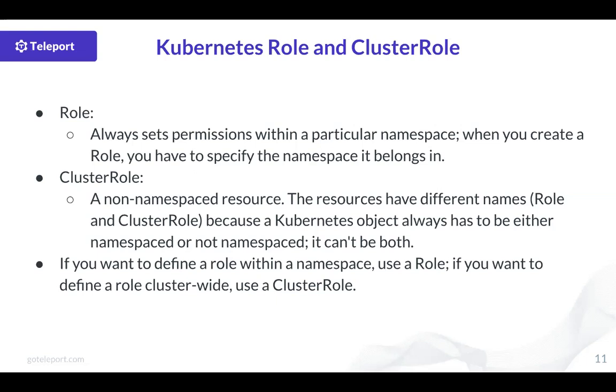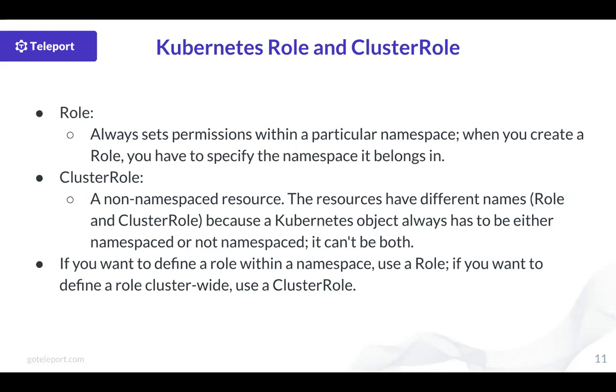Now, the differences between roles and cluster roles: a role in Kubernetes always sets permissions within a particular namespace. So when you create a role, you have to specify the namespace it belongs in. A cluster role, on the other hand, is a non-namespaced resource. So the resources have different names, role versus cluster role, because a Kubernetes object always has to be either namespaced or not namespaced.